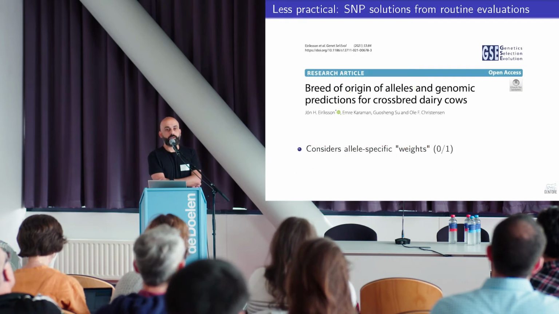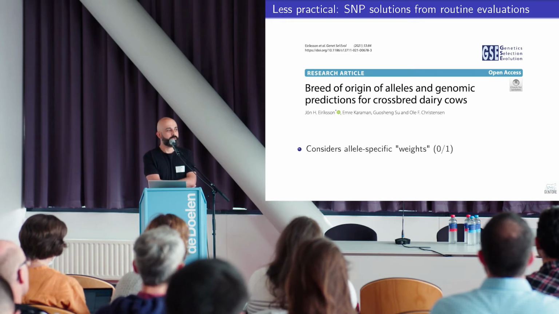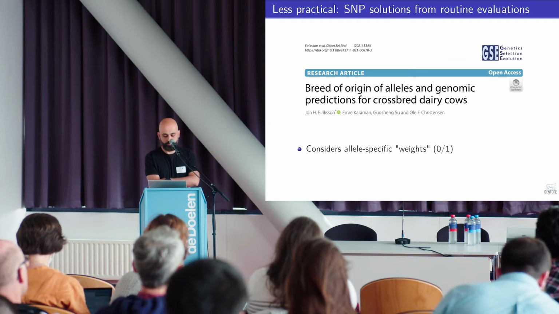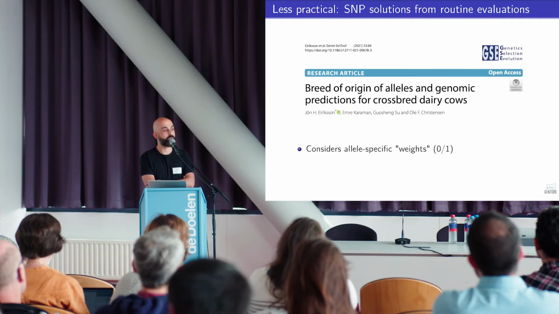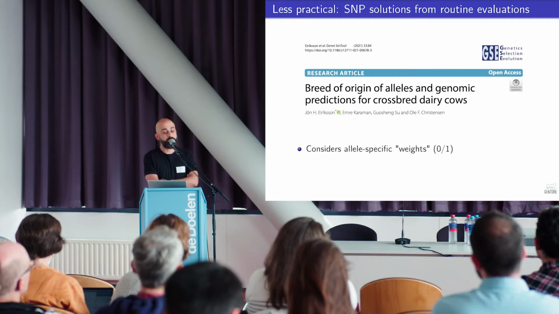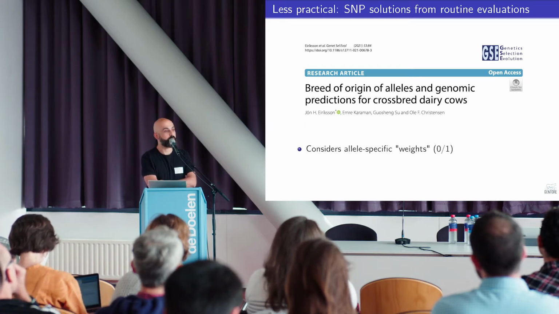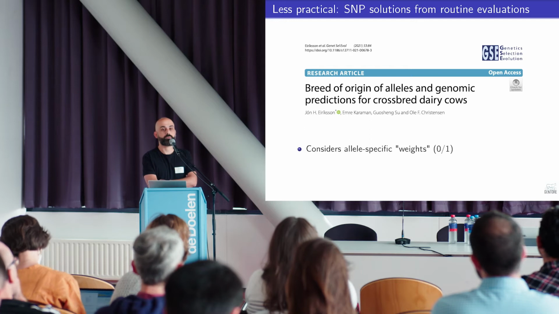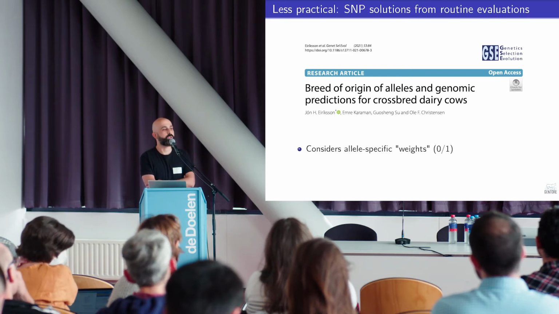And then Jon came up with a less practical but potentially more accurate method where he looks at individual loci to weight these SNP effects. So he's not considering a global breed proportion, but he's looking at each allele, for which the weight can be only 0 or 1.